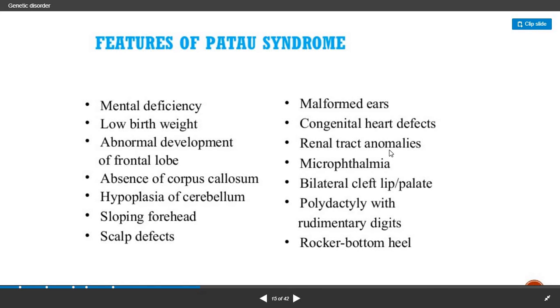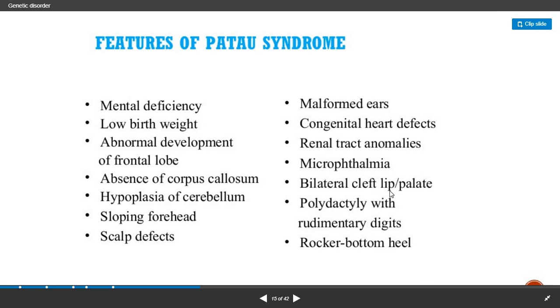Renal tract anomalies: renal is related to the kidney, so difficulty or problems may occur in kidney function. Microphthalmia is again a defect in the eyes, where the eyeballs of both eyes are underdeveloped or not developed at all.